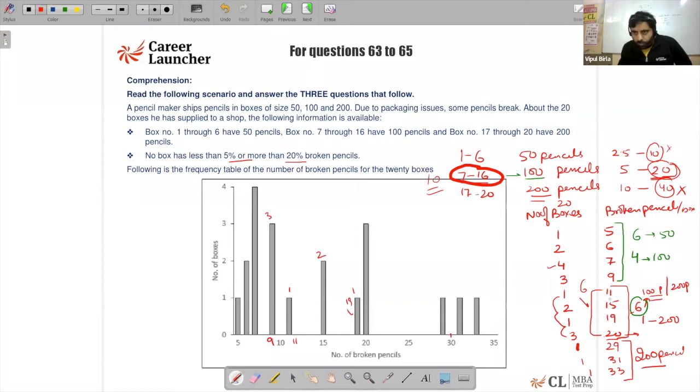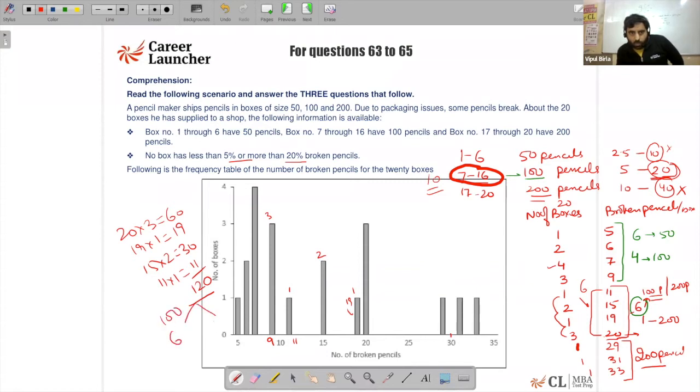So if I look at the number of pencils in these 7 boxes, they are 20 into 3, that is 60, 19 into 1, that is 19, 15 into 2, that is 30, and 11 into 1, which is 11, and that is coming out to be 120. So 120 pencils are there from this bag, which will have 6 with total 100 pencils and 1 bag with total 200 pencils, right?